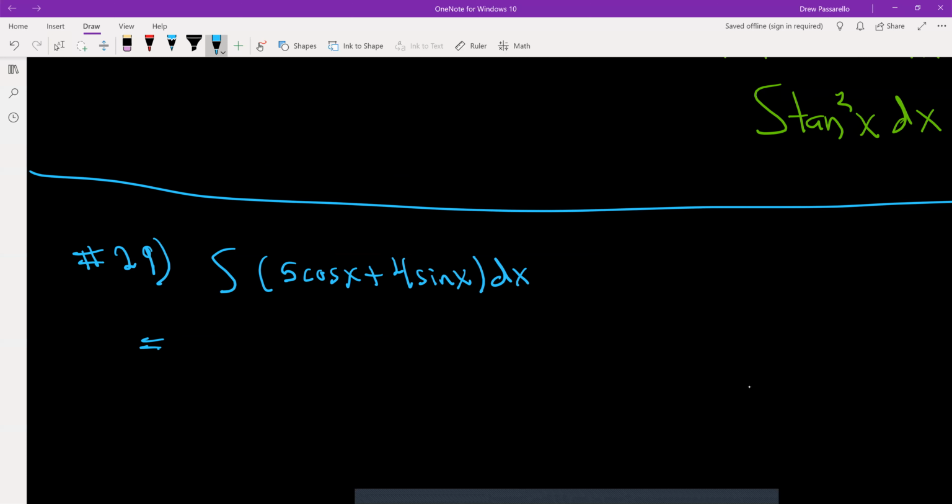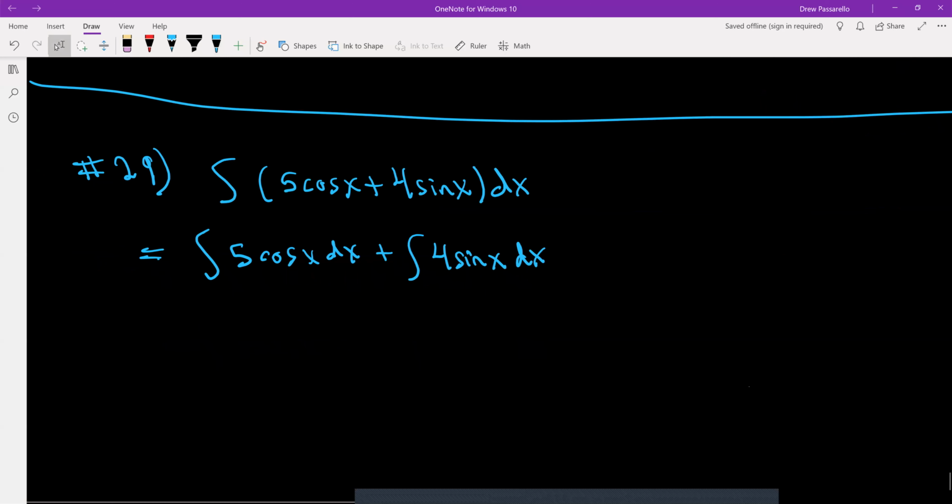You can break it up, so it's the integral of 5 cosine x dx, plus the integral of 4 sine x dx. This just reinforces: take the integral of each component, and for each of these you can factor the value out. So you have 5 times the integral of cosine, plus 4 times the integral of sine.